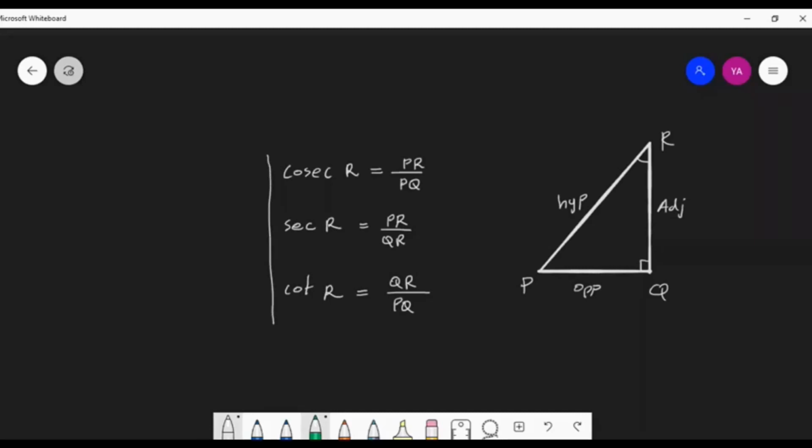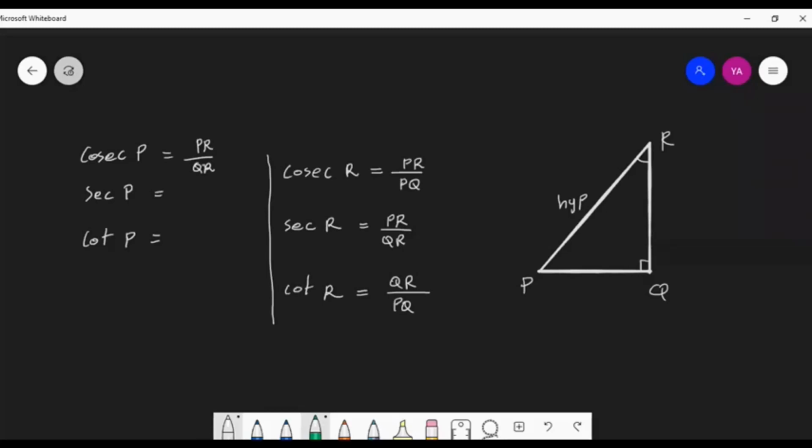Three more. I clear this. It's cosec P, sec P, and cot P. Just think in your mind how they will come. I think you got it. So now you can tell what is cosec P. PR by QR, correct.